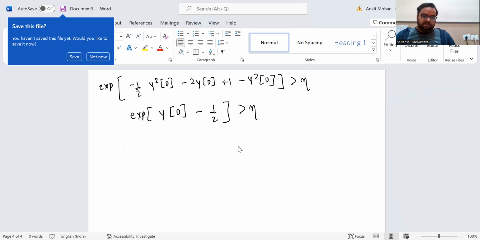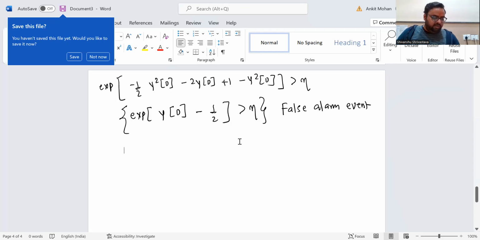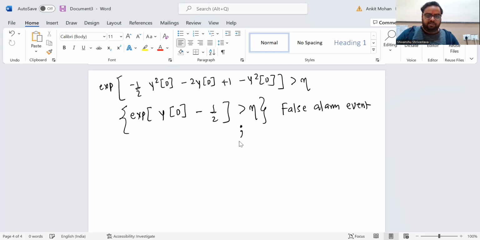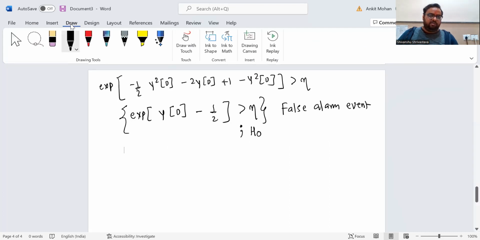Now this particular event is the false alarm event, isn't it? This particular event, if I am taking this under the condition that S naught was transmitted, whatever I have obtained, let us write it in the next line to avoid any confusion.